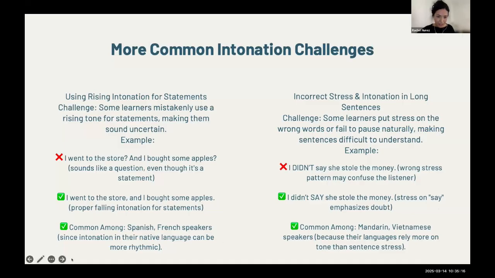Maybe we could get, who can answer? Chat? I'm going to check the chat. They sound the same, John and Vincent says. Who can hear the difference? Okay.